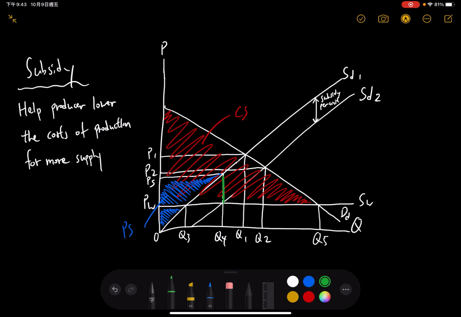So if we multiply the unit subsidy by Q4 as the quantity, we find the total cost of the subsidy, which is this rectangle right here. You can simply use PS minus PW times Q4, which gives you this green rectangle, your subsidy cost.